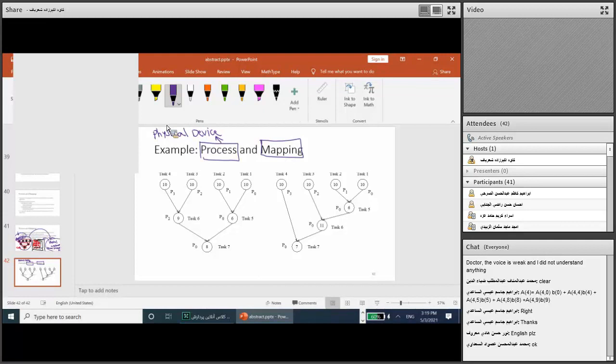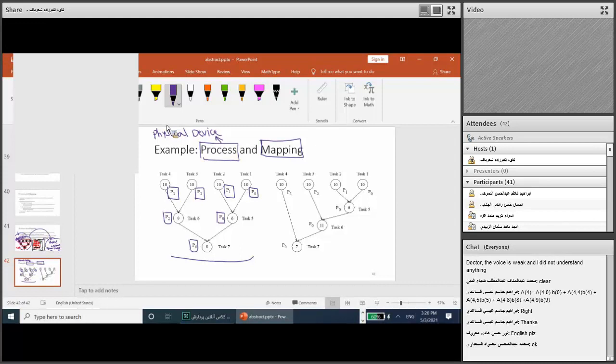For example, this is a mapping for the above example. We perform task 1 using process 0, task 2 using process 1, task 3 using process 2, task 4 using process 3, and so on. Task 6, task 5, and task 7.